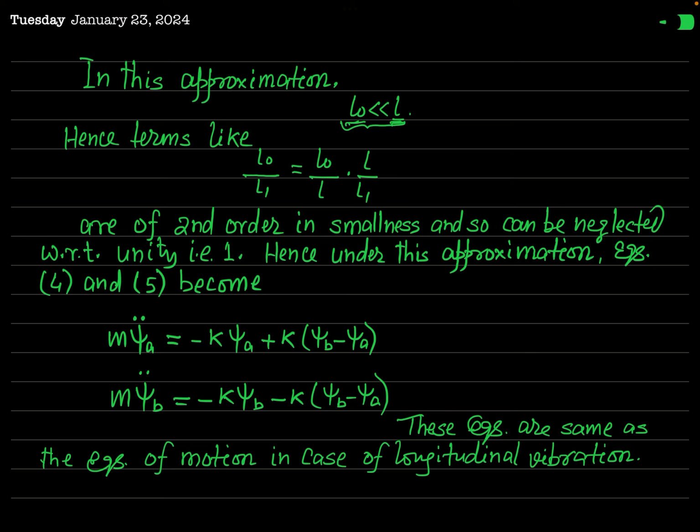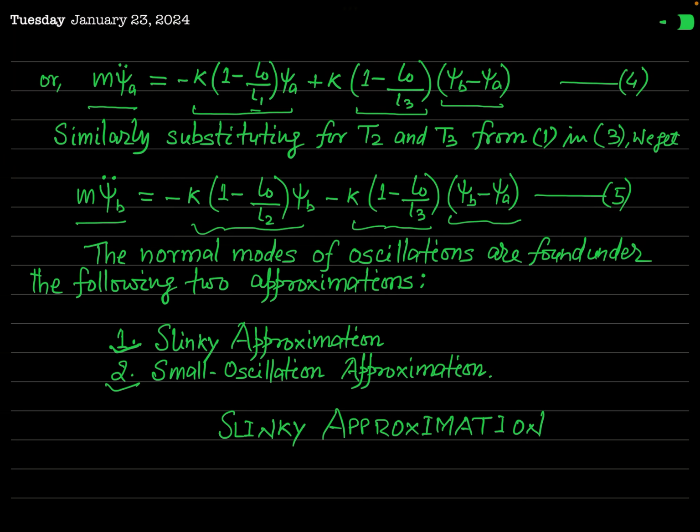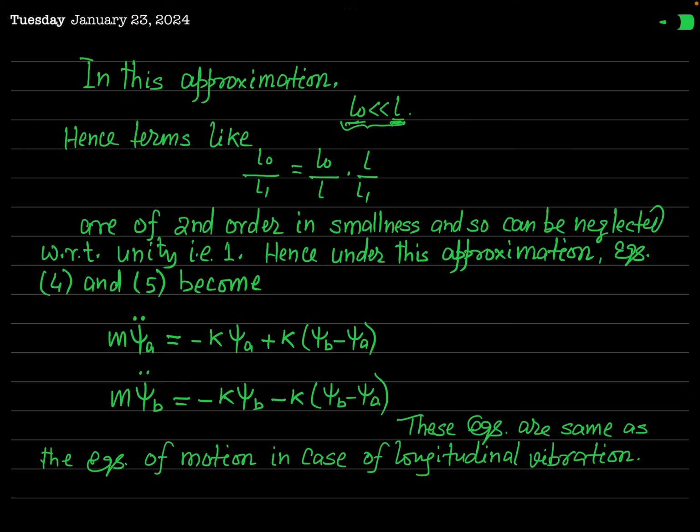So if we now talk about these terms, as our equation contains L naught by L1, L naught by L3, L naught by L2, what will be now these terms? You can see this L naught by L1 can be written as L naught by L times L by L1. Here, this L naught by L1 has been expressed as a product of two terms.